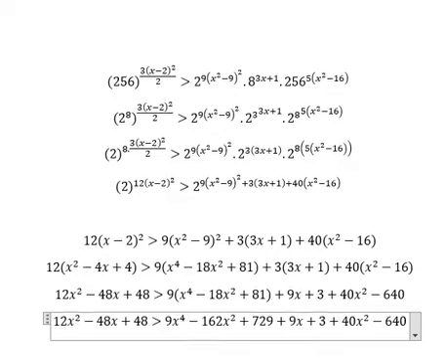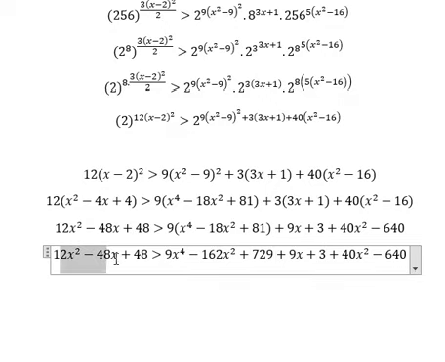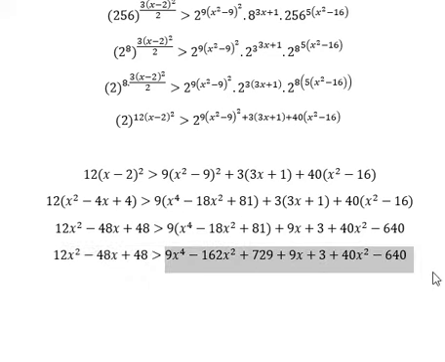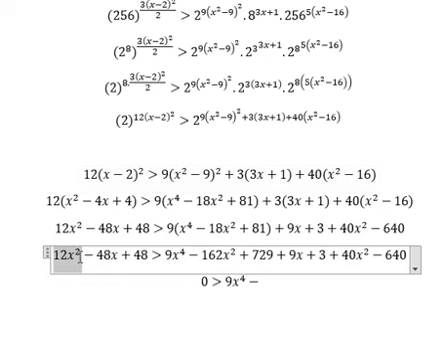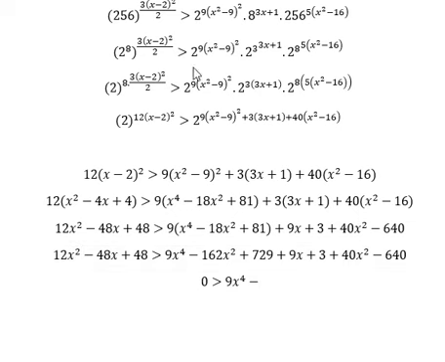Now, we can put this one to the right and we simplify this one in here. So we have this one, and this one. So we got negative 134 x squared.